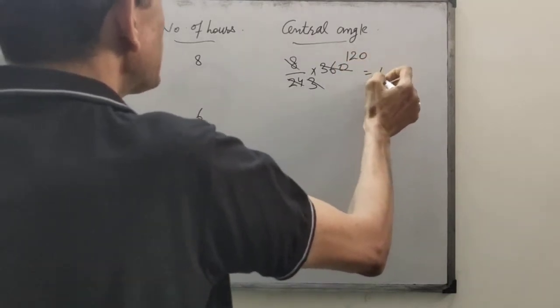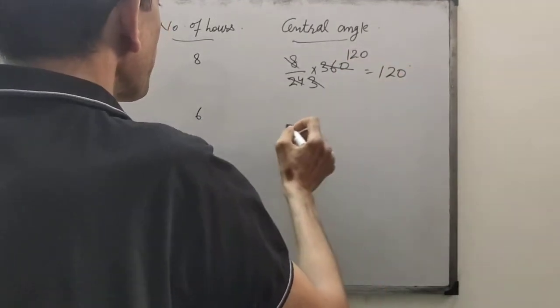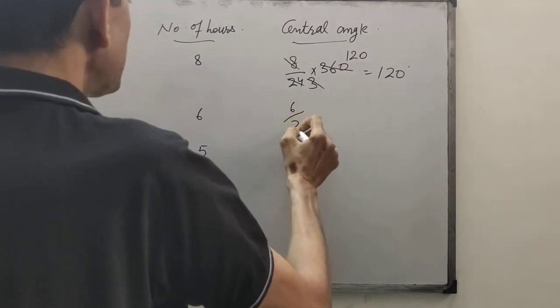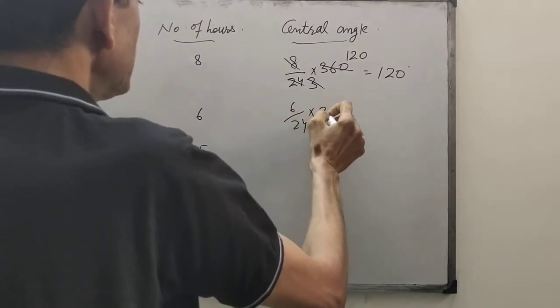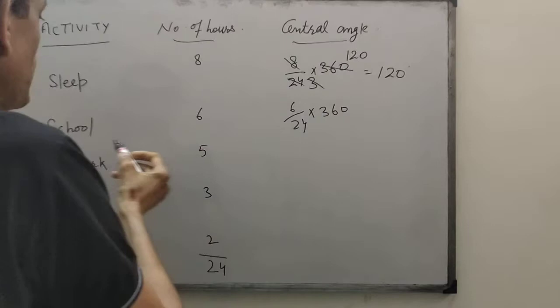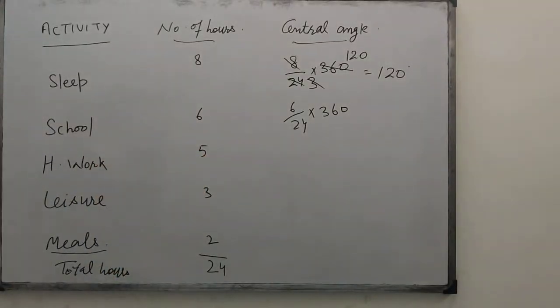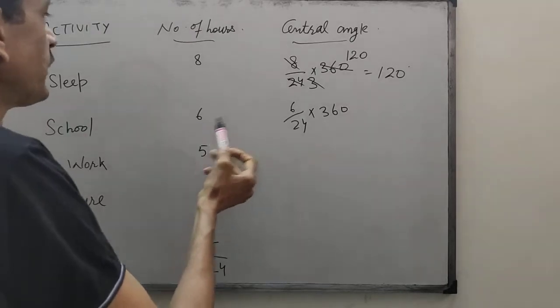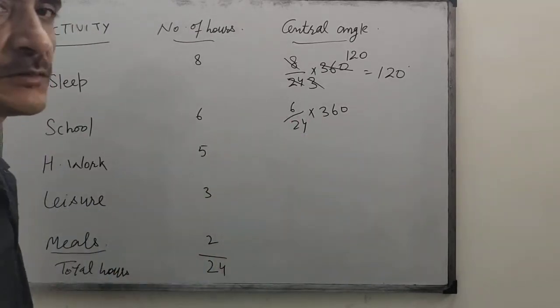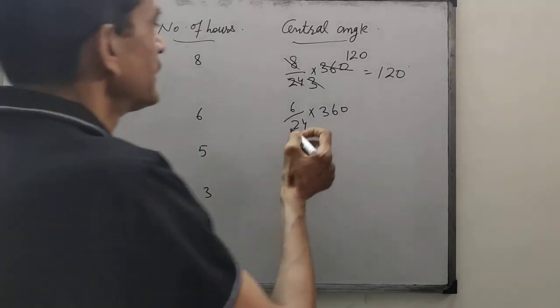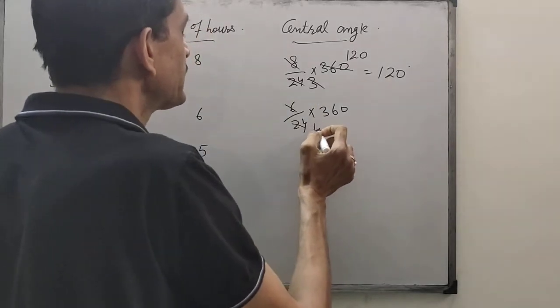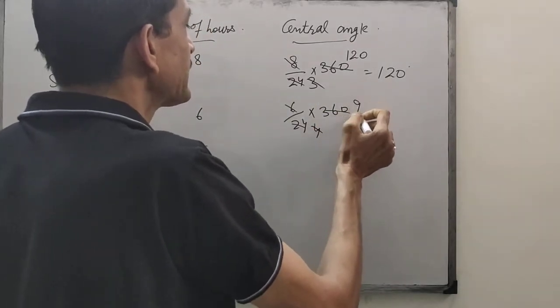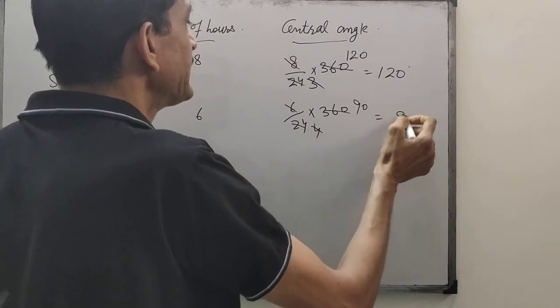So this angle is 120 degrees. Next is 6 by 24. Out of 24 hours, time used in school is 6 hours. Then 6 by 24 into 360 is how much? 6 fours are 24, 4 nines are 36. This should be 90 degrees.